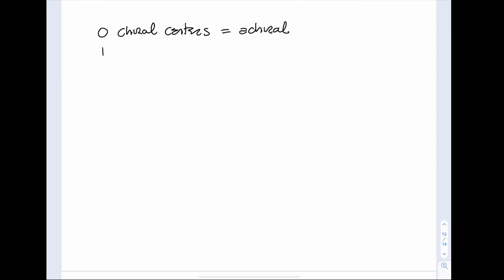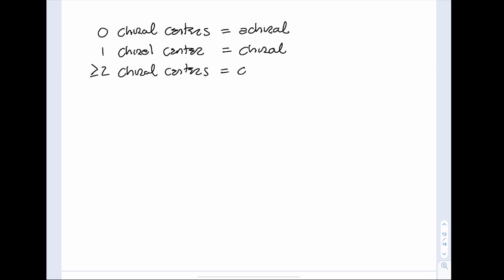If I have 1 chiral center, it is going to be chiral. So it is optically active. And then if we have 2 or more chiral centers, it could be chiral or it could be achiral.